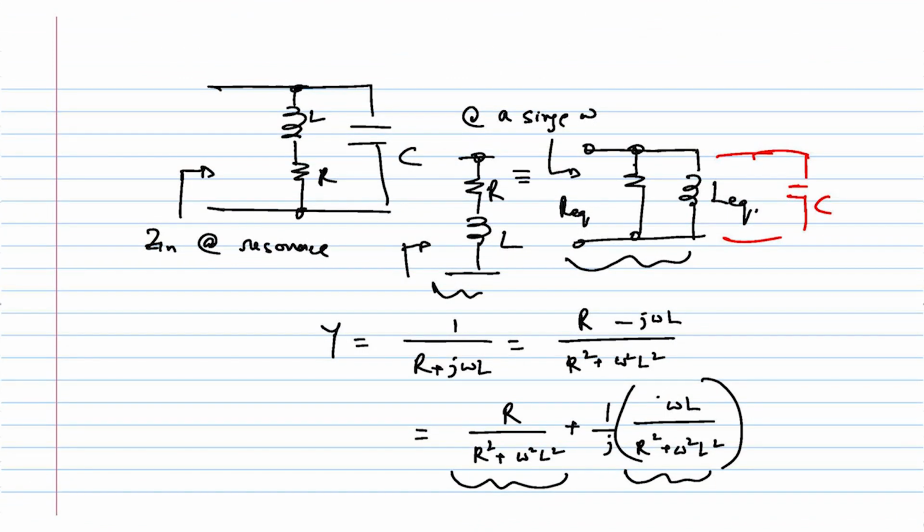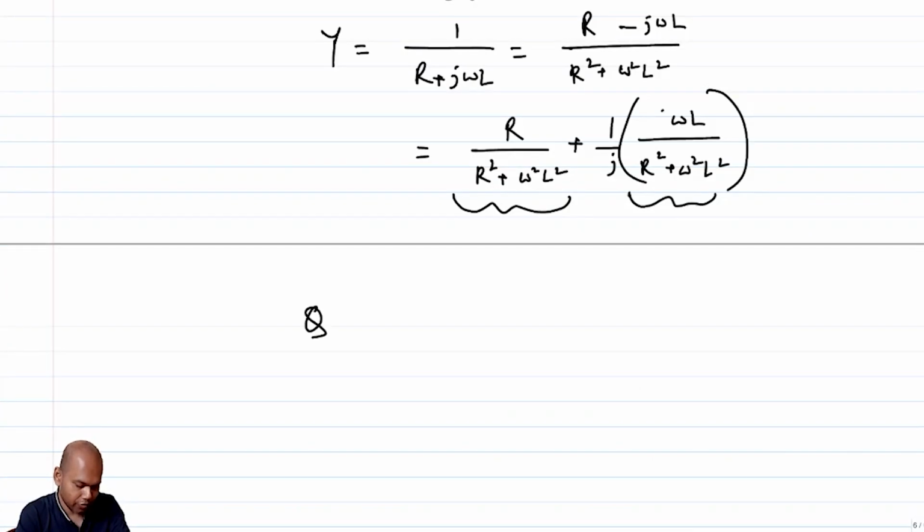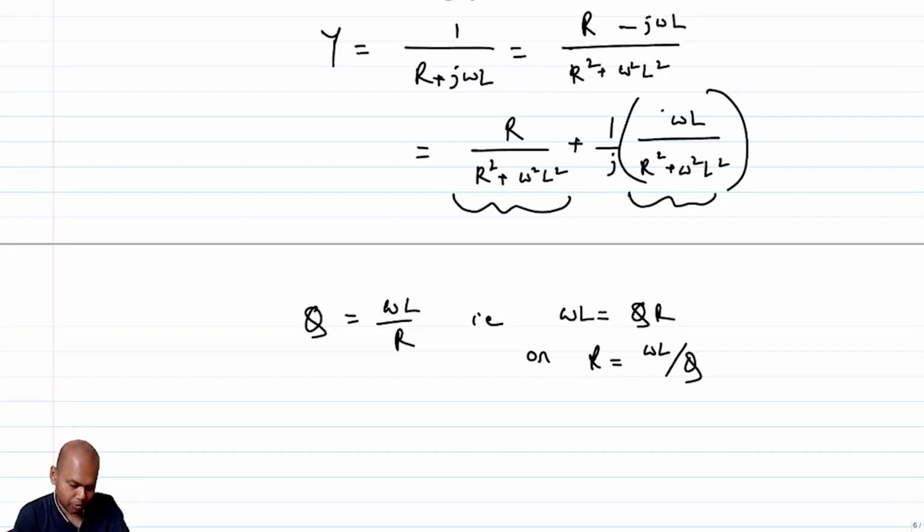Okay, so let's proceed. Now what I will do is I will try to replace these terms with the Q factor, right? So given that I know that Q of the inductor, where R is in series with L, is omega L by R, I can express omega L to be equal to Q times R, or I can also express R to be equal to omega L by Q. Now, depending upon which makes the point, I'm going to use that.